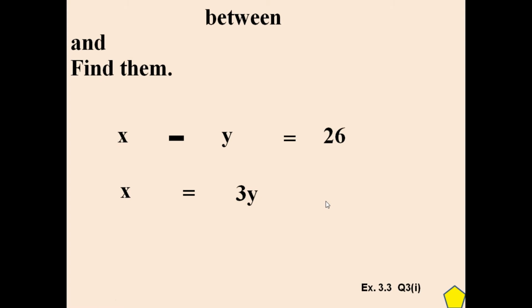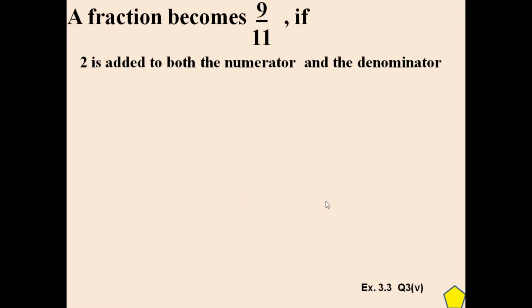Right. So let's move to the second question. This question is based on a fraction. Please remember, whenever a question is based on a fraction, your assumption should be: let the fraction equal x upon y.